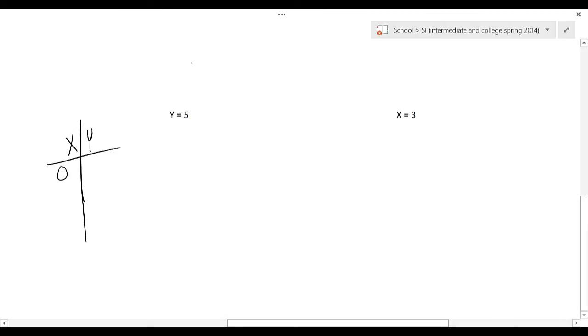I don't have an x to plug in for, so my y value is still 5. For x is 1, there's no x to plug in for, so y is still equal to 5. For x is 100, y is still 5.